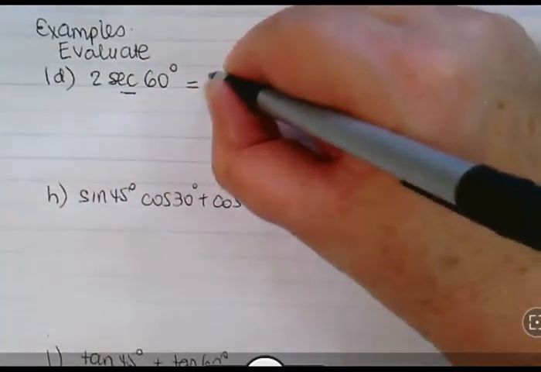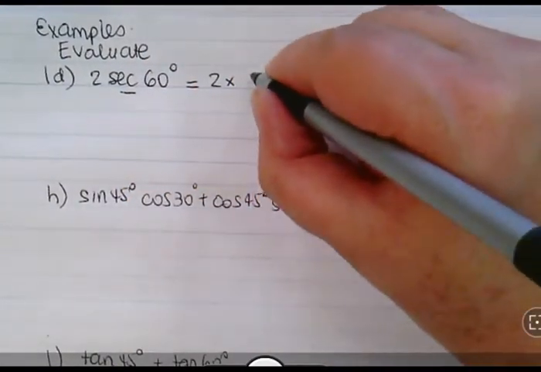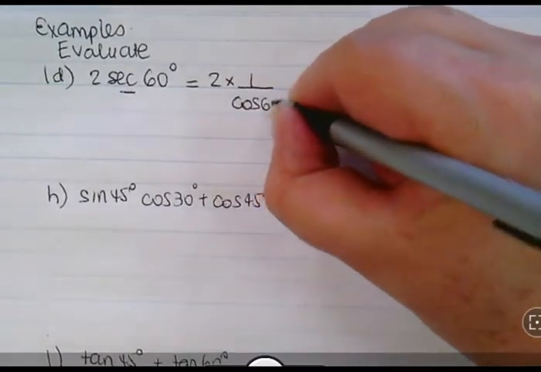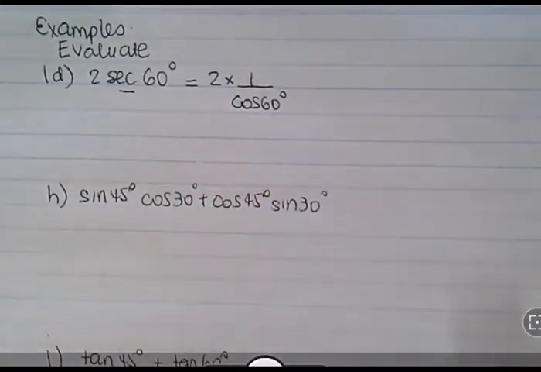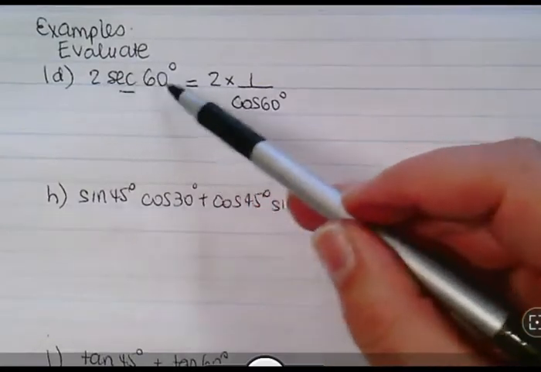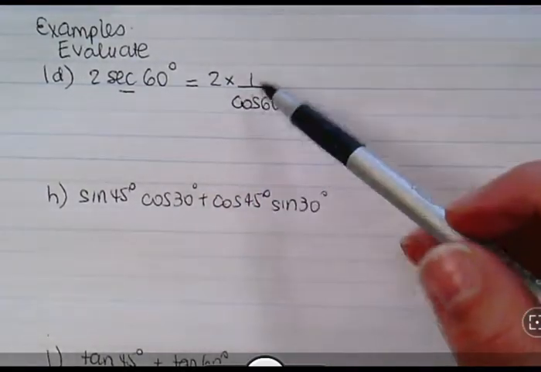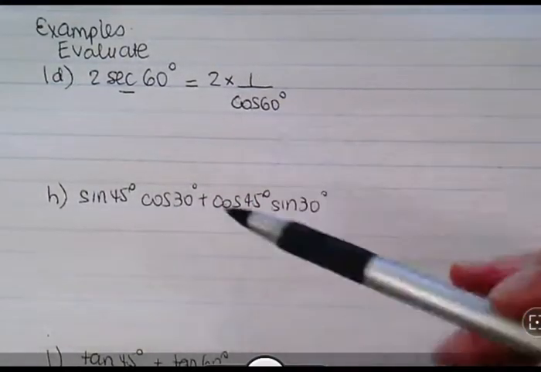Okay? Just some examples. Now, remember that sec is the reciprocal ratio of what? Cos. So this is like 2 times 1 over cos of 60 degrees. Are we okay with that? 2 sec 60 means 2 times sec 60, but sec is 1 over cos.